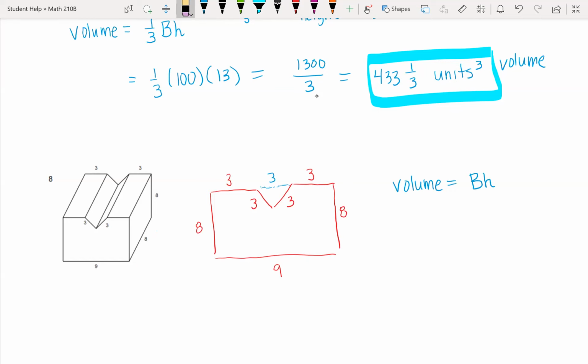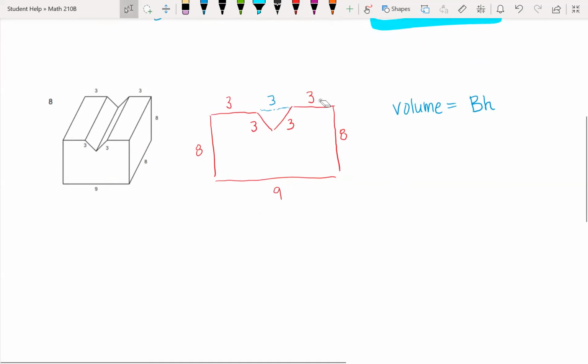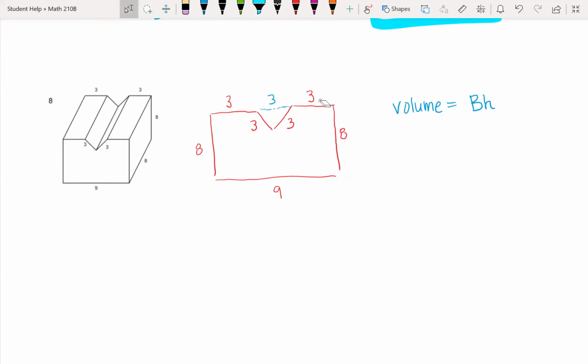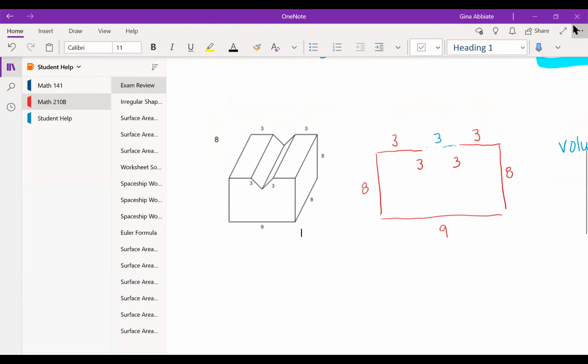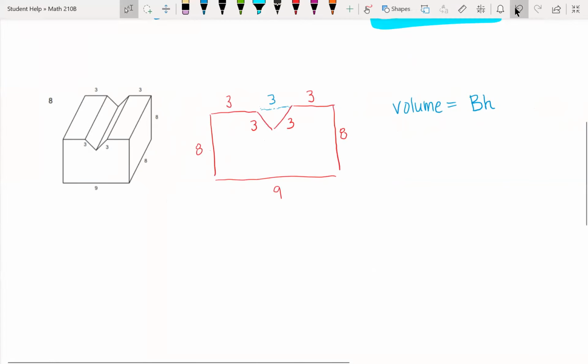So if I were to think about this as maybe a rectangle, and I'm removing this little triangular piece, I need to figure out what the height of this triangle is, let me undo that, hang on. Oh, hold the phone for just a second. There we go.